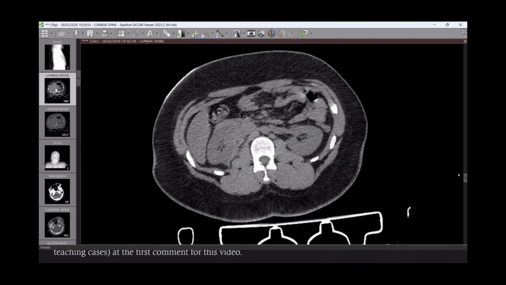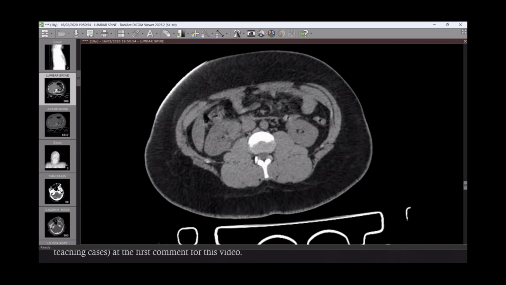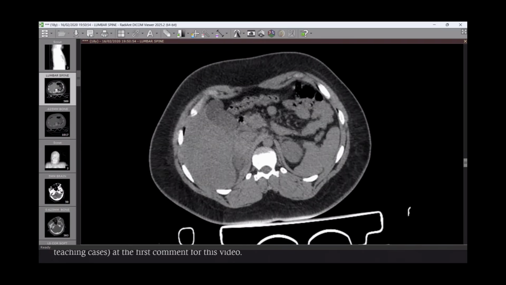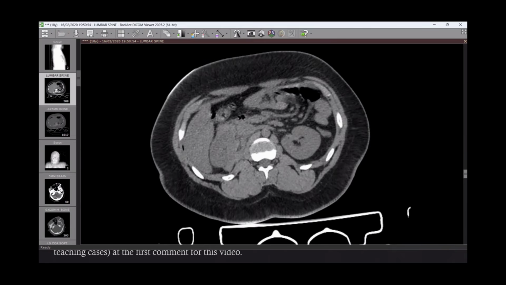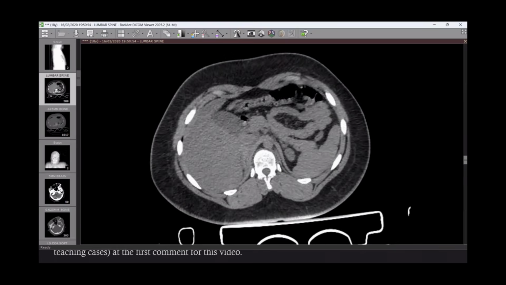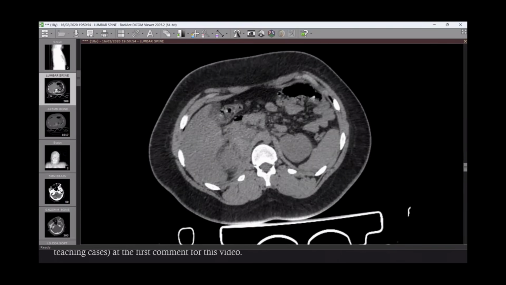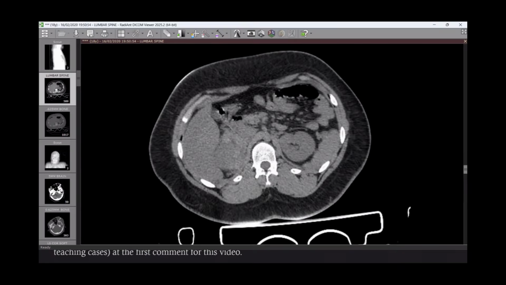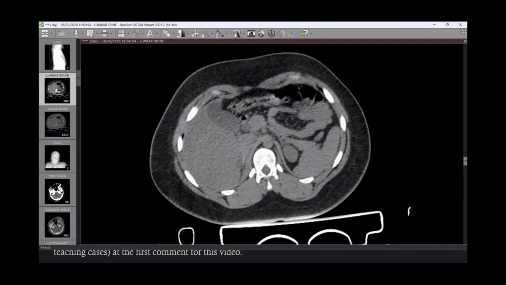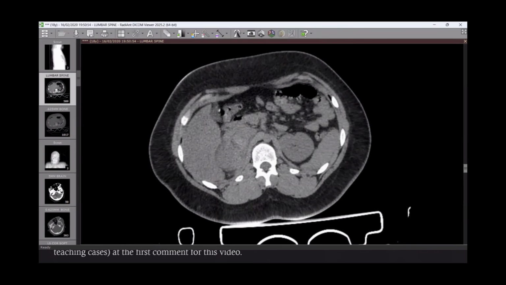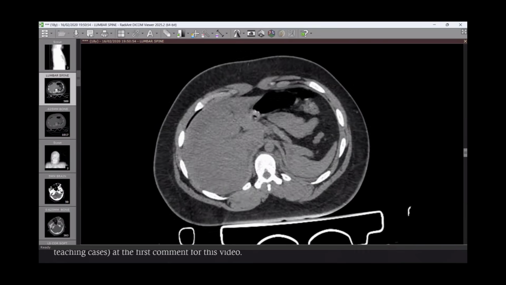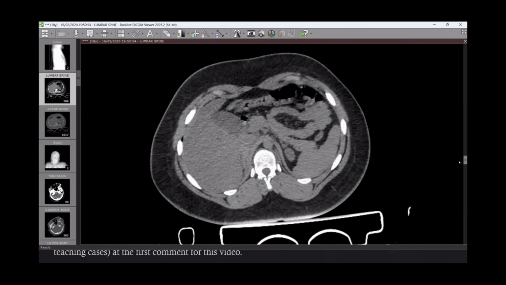I will try to find if there is any other thing in this retroperitoneal space. I want to be sure that there is nothing in the duodenum. The duodenum appears normal, it is free. I want to look also at the pancreas. The pancreas is free.